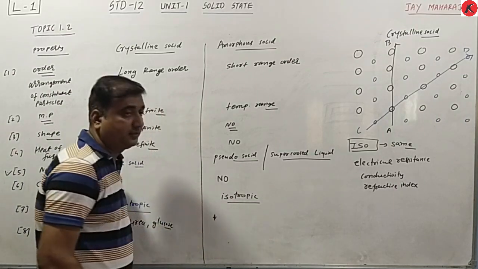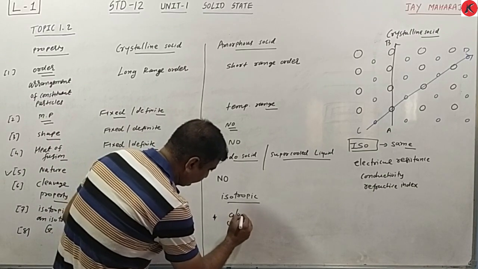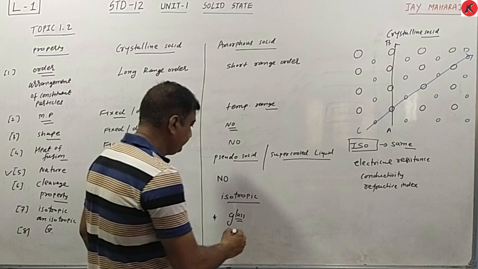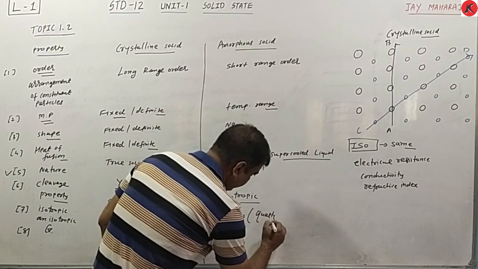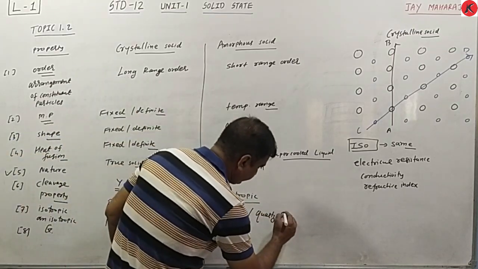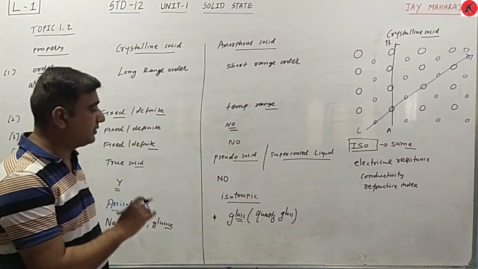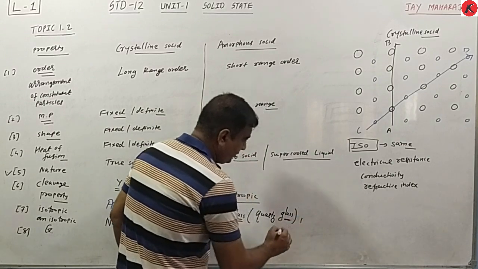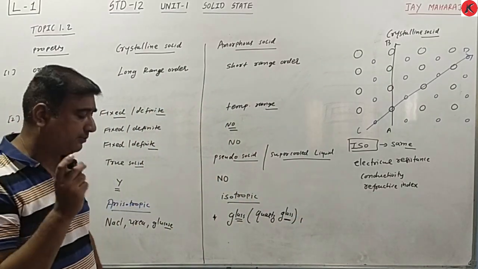First, glass, otherwise we can say quartz glass. Sometimes it is written quartz glass. It is amorphous. Any type of glass is an example of amorphous solid, always remember.